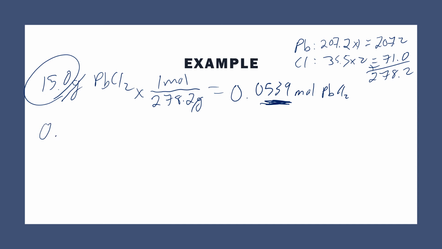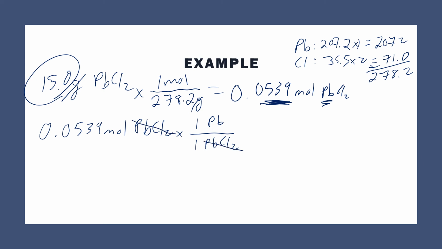So let's go ahead and find out how many atoms of lead are in the sample. 0.0539 moles, so moles of the lead chloride. Now, in each molecule of the lead 2 chloride, there is 1 atom of lead, because I just want to look at the lead.